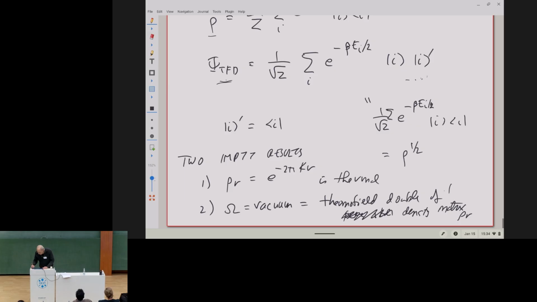So if you take the thermal density matrix rho r, the corresponding thermofield double is simply the vacuum state in Minkowski space. These, and various things we explained that are related to the first statement, are the important results about Rindler space and the Unruh effect. And with that, I think I'll leave you for today, modulo further questions.